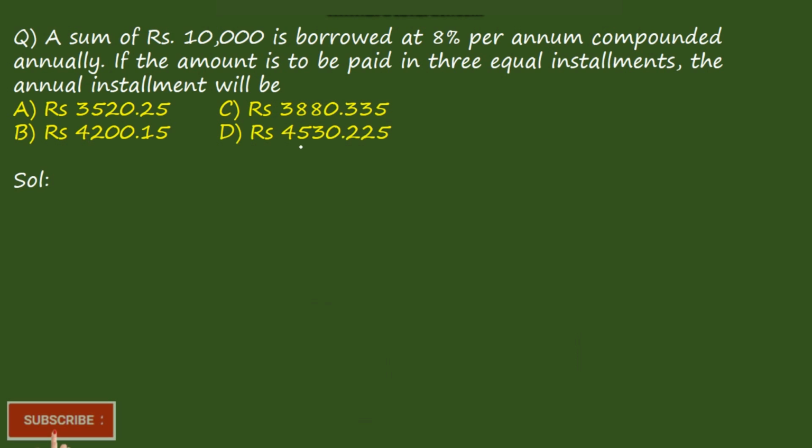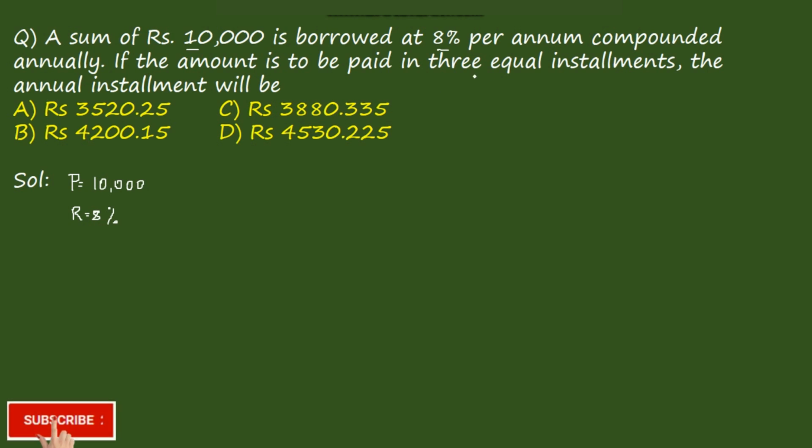Come to the next question. It is given that a sum of rupees 10,000 is borrowed at 8% per annum compound annually, and the amount is repaid in 3 equal installments. Then the annual installment will be? First, we understand the question. The sum of rupees 10,000 is borrowed at 8% per annum, so the principal is 10,000 and the rate is 8%.